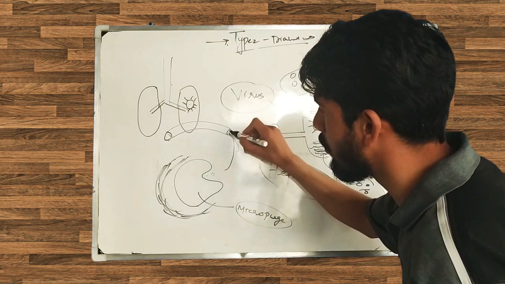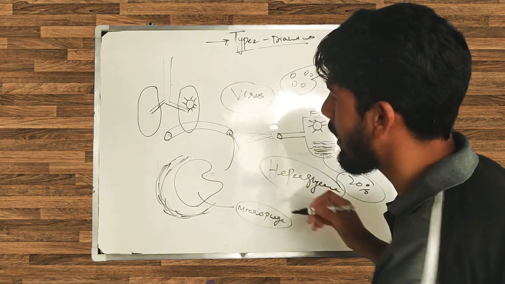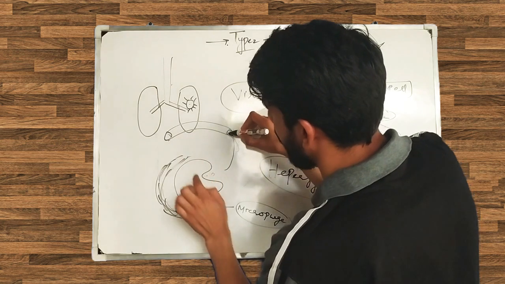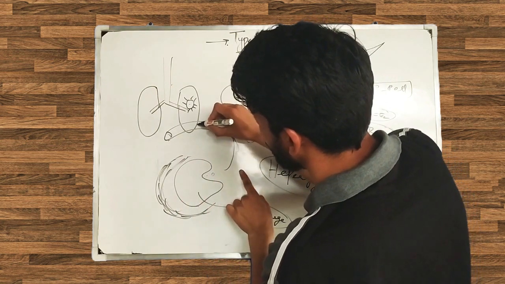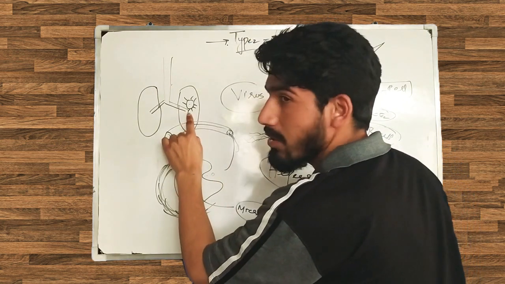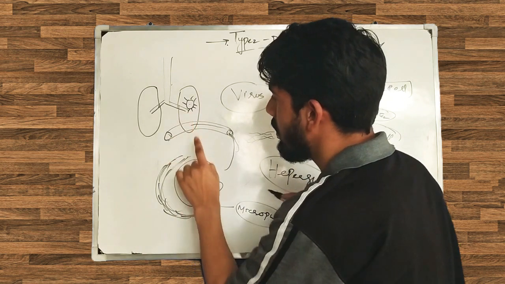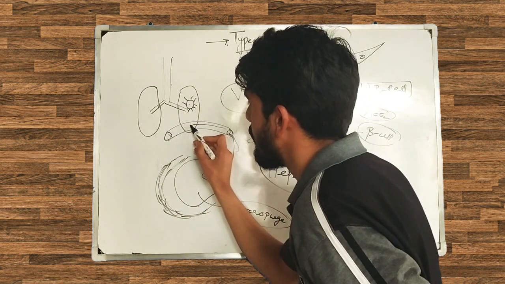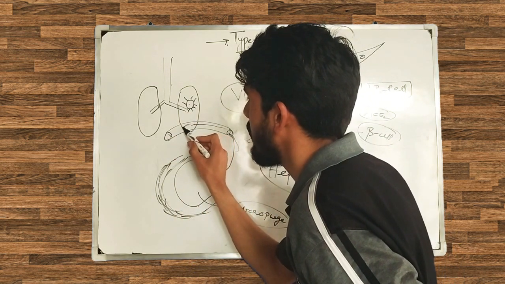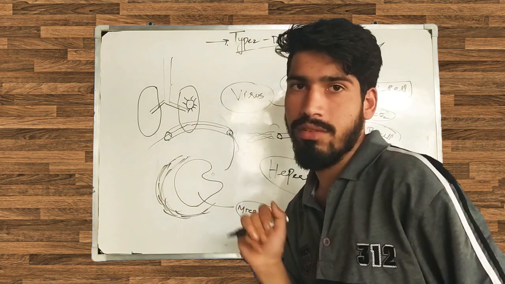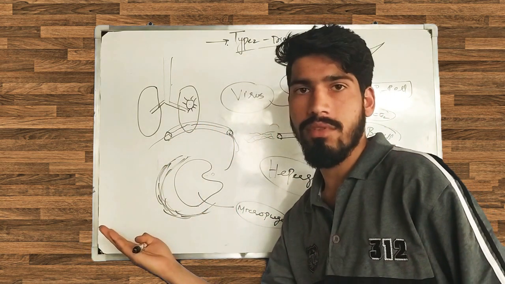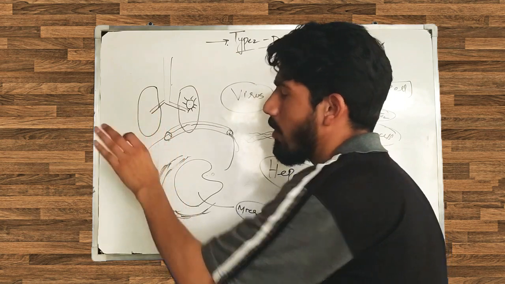So the macrophage comes and reaches the place, but it slips here and goes in the forward direction.